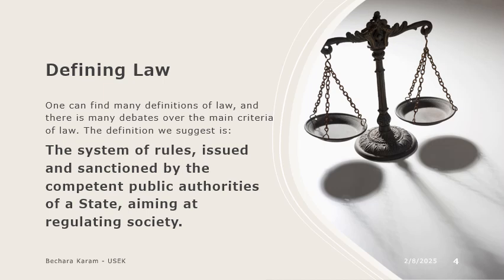However, the definition I will suggest is the following. Law can be defined as a system of rules issued and sanctioned by the state or by the competent public authorities, aiming to regulate societal action or societal interactions.